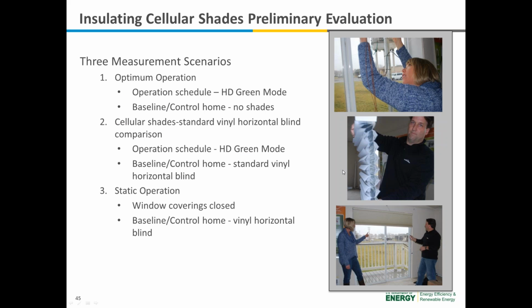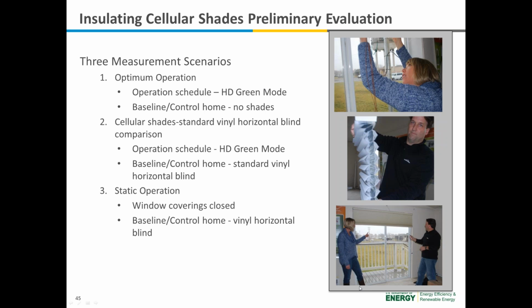So the next thing that we evaluated was the Hunter-Douglas honeycomb cellular shades. Due to the functionality of these cellular shades, they can automatically be moved up and down via predefined schedules.